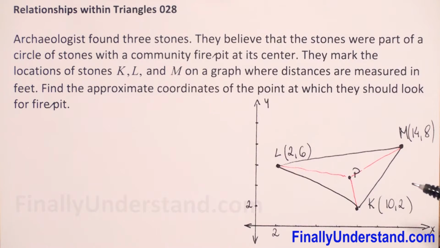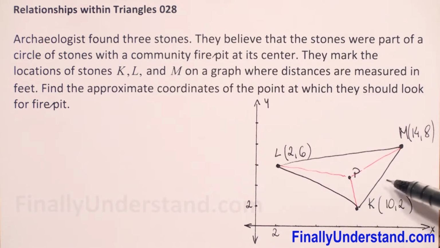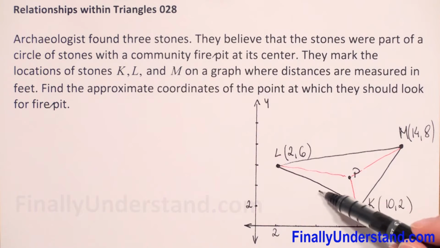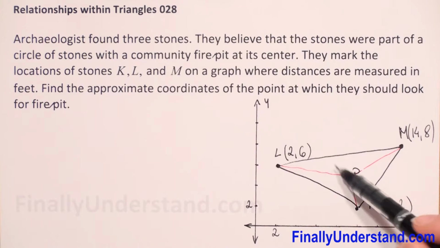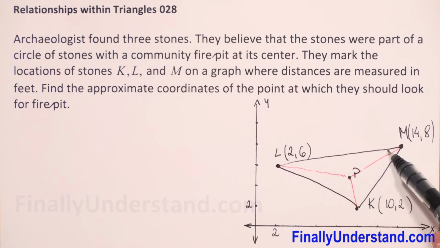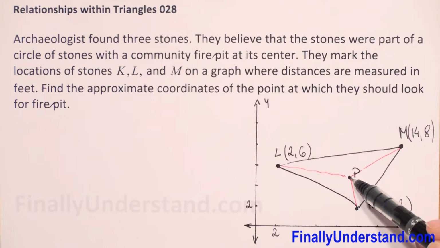And it will be enough if we find only the midpoints of 2 sides and their perpendicular bisectors. These 2 bisectors will meet at one point, and the third perpendicular bisector will meet at the same point.